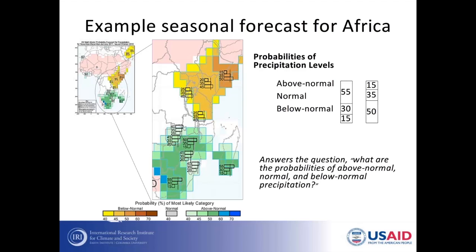For example, it predicts a 50% chance of wetter than normal conditions over South Africa in the green colour, and 50% chance of drier conditions over Somalia in the yellow-orange colour. The white areas on the map are places where the forecast outcome has equal chance of being above normal, near normal or below normal. The pink areas are the desert regions where it rarely rains, so no forecasts are issued there.